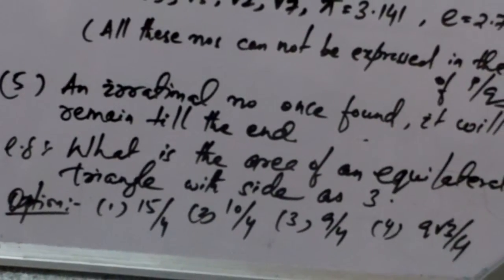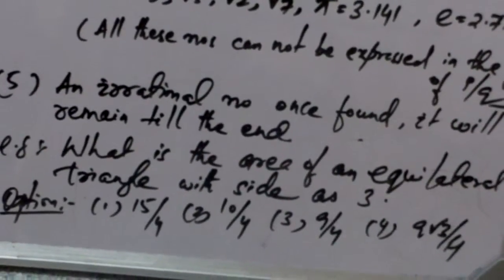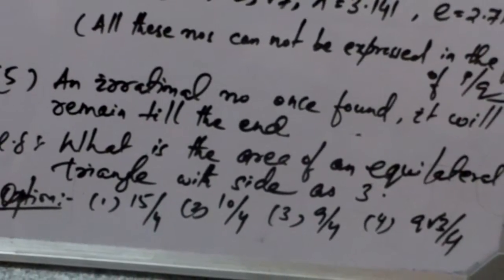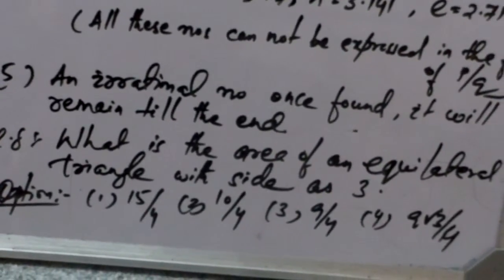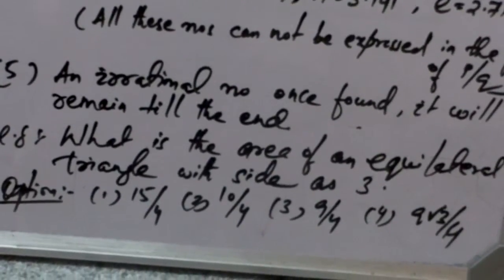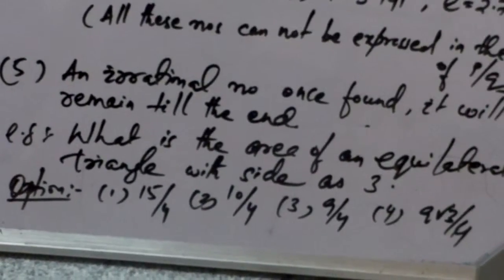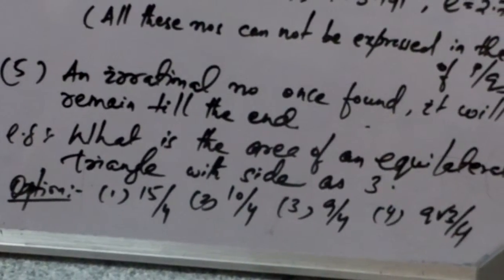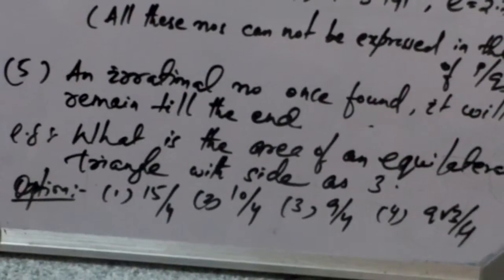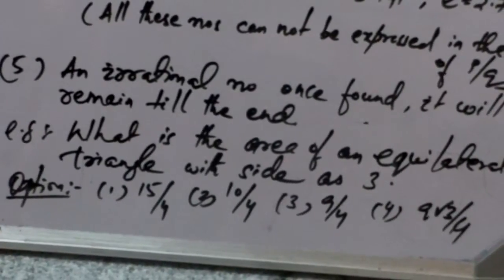Look at the options. I have given 4 options. One is 15 by 4, the second is 10 by 4, the third is 9 by 4, and the fourth is 9 root 3 by 4. So directly I can say my answer is the fourth option. Why? Because I know the formula for the equilateral triangle area includes root 3, so my answer should have root 3.